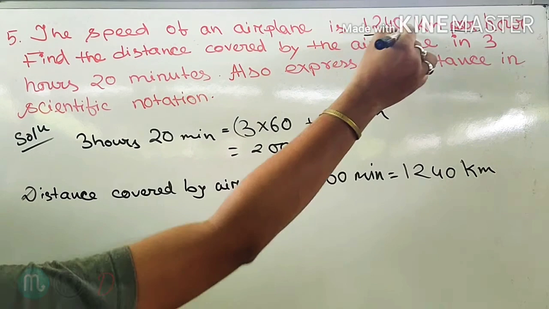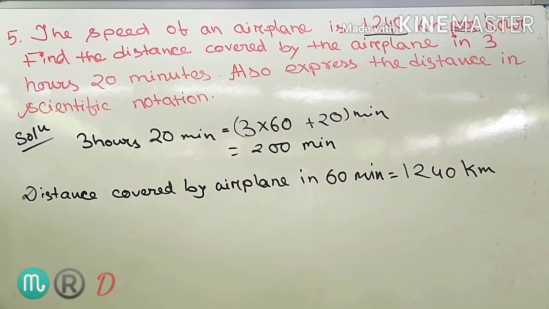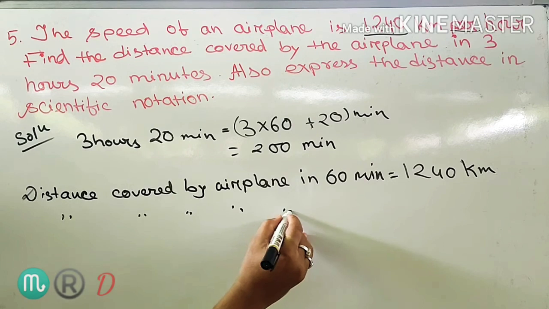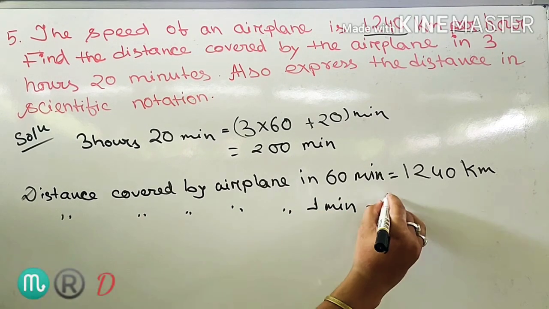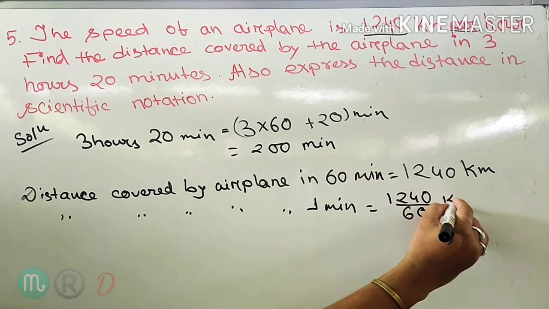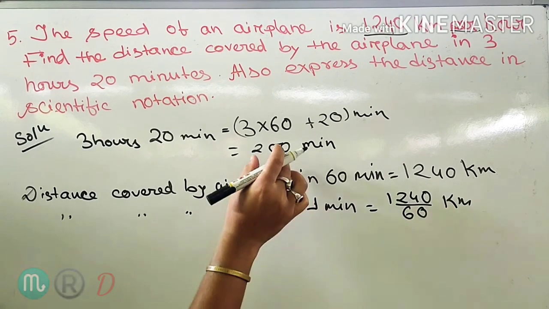It is given in the question. Distance covered in 60 minutes equals this much. You have to find the distance covered in 3 hours 20 minutes, that means in 200 minutes. So next line we will write distance covered by airplane in 1 minute. So it will be divided now, 1240 by 60 kilometer.